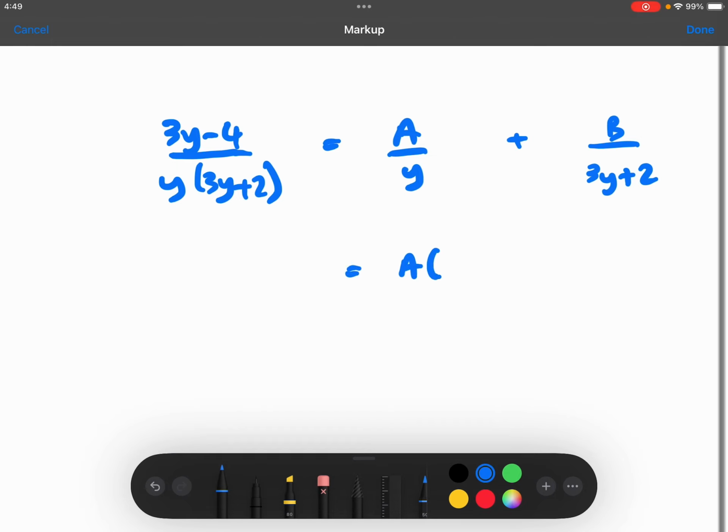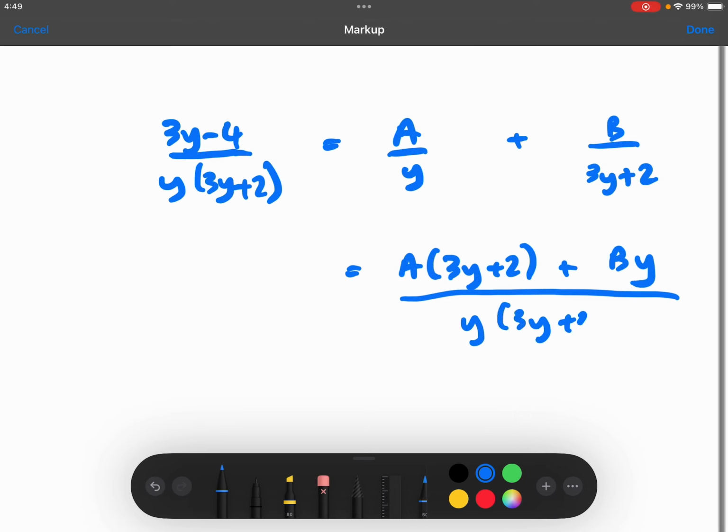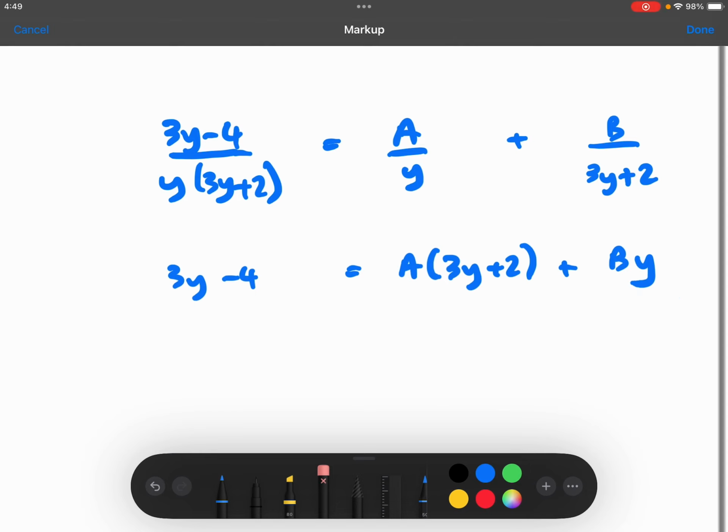Getting a common denominator, we'll have a times the 3y plus 2 plus b times the y, all over y times 3y plus 2. Now the denominators on both sides are the same, so we can remove those and just compare the numerators.